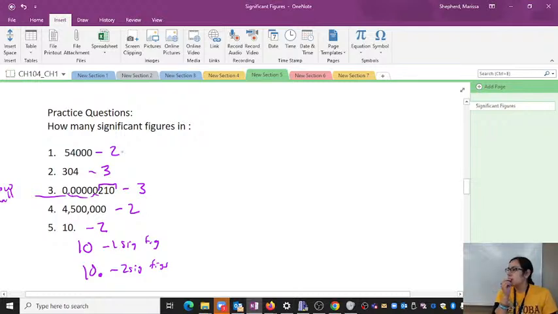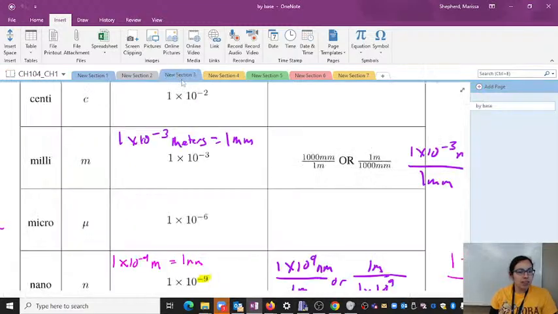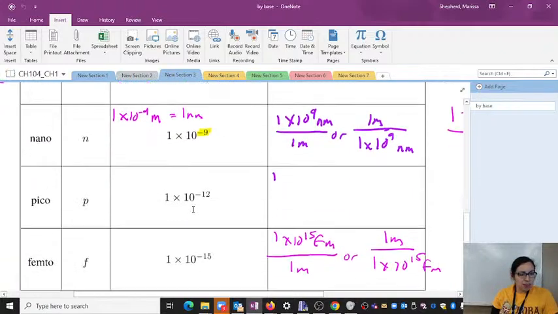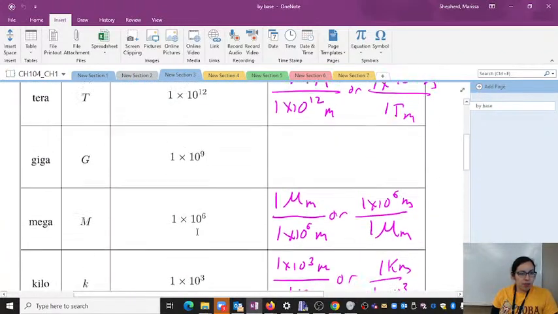Isn't that what we did when we were talking about the conversions yesterday? It was 1 times 10 to the exponent? Yeah, isn't that scientific notation? Okay, so you've seen this.